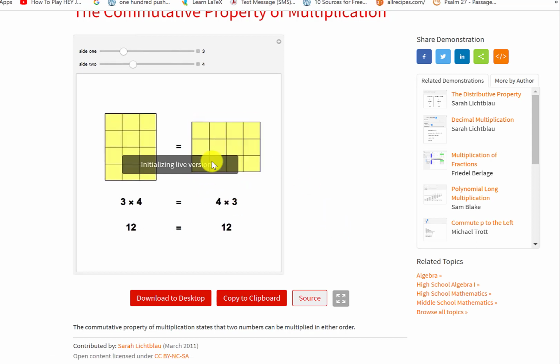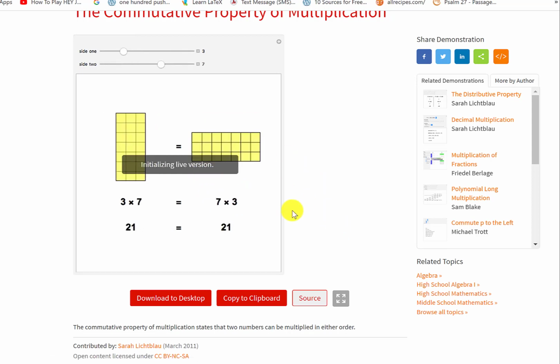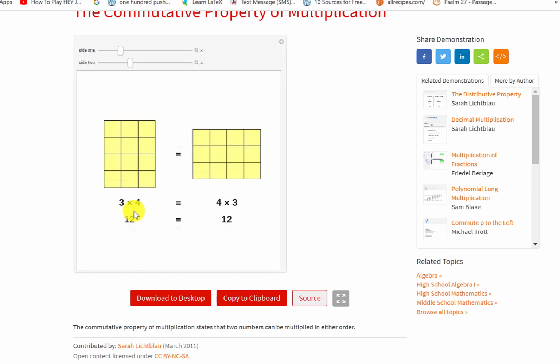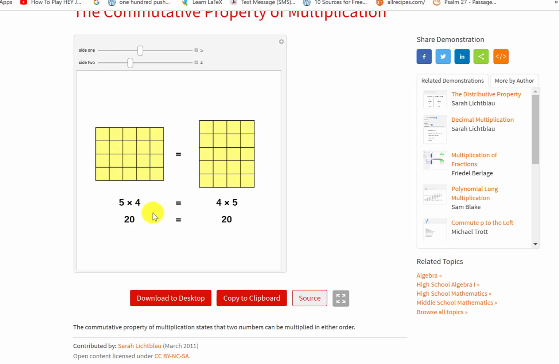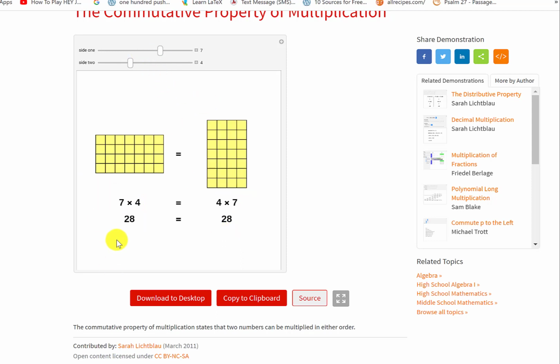So there's a live version of the sliders that shows us that if we reverse the factors, we'll always end up with the same product. So 3 times 4 is 12, 4 times 3 is 12. Okay. 5 times 4 is 20, 4 times 5 is 20. Let's see what happens. 7 times 4 is 28, 4 times 7 is 28.